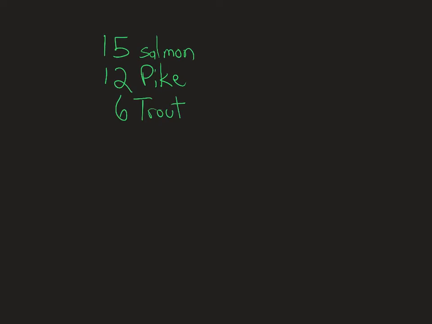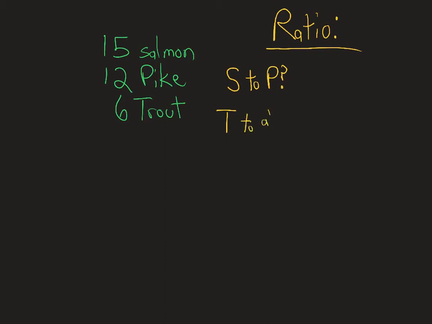So let's have you guys write up a few ratios. What would the ratio of salmon S to pike be? And make sure it's reduced for me, would you? What about the ratio of trout to all fish? Everything they had at the market.